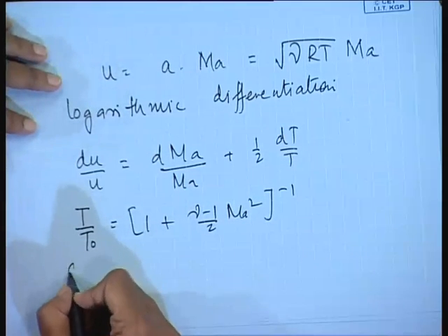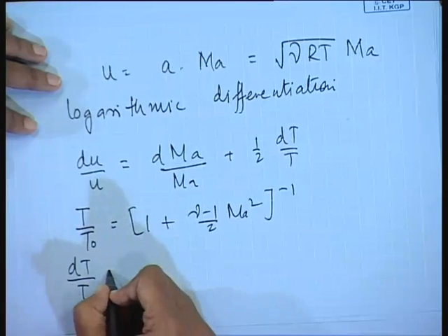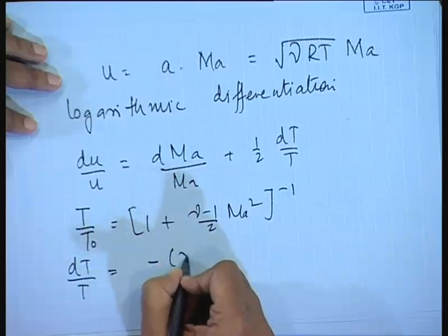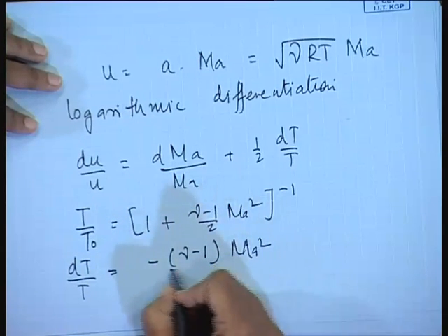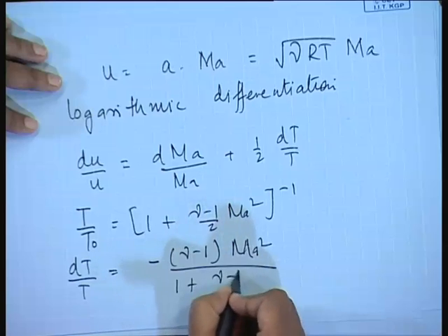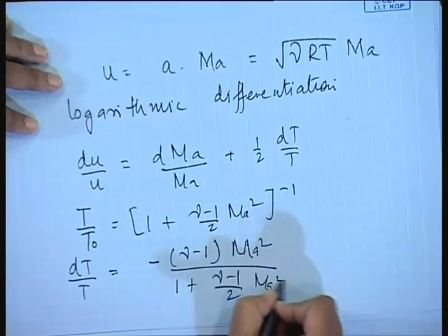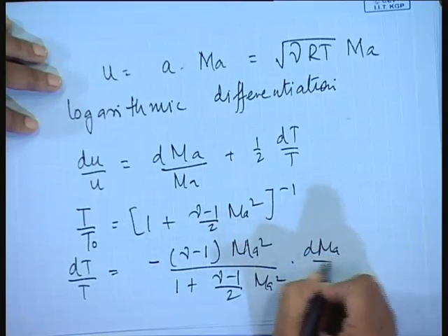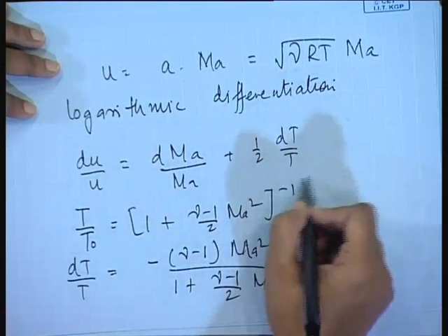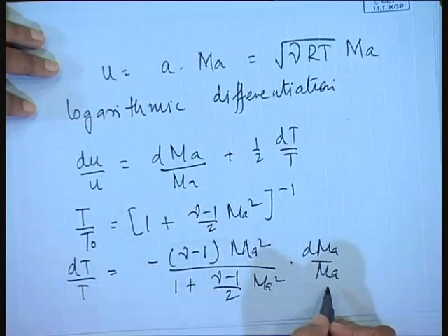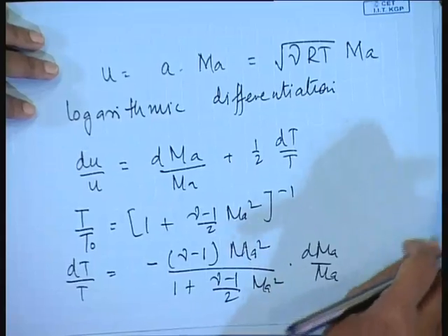So, in this case we get dT by T equal to minus gamma minus 1 Ma square by 1 plus gamma minus 1 by 2 Ma square dMa by Ma. Now, instead of this dT by T we can substitute this particular expression. Just do it and see what we are getting.